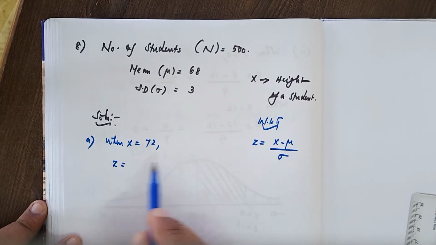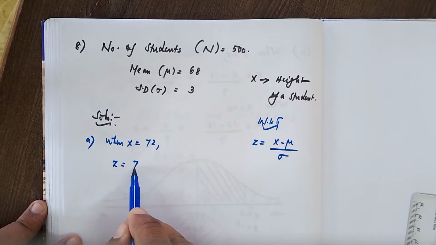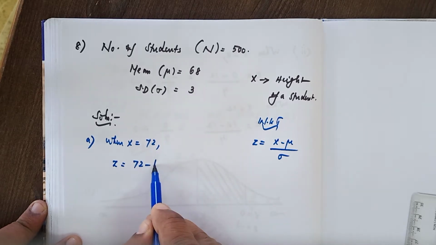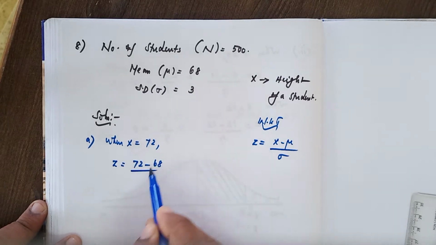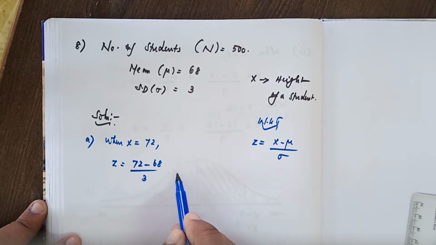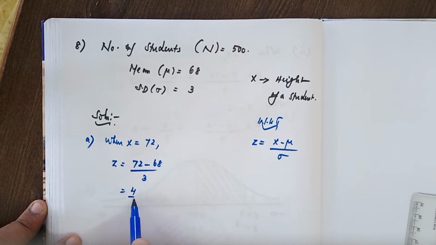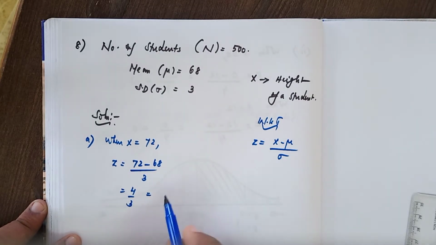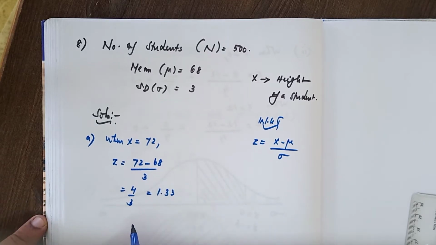So substitute z equals x value 72 minus mu that is 68 divided by sigma that is 3. 72 minus 68 is 4 by 3 equals 1.333. You just write 1.33.